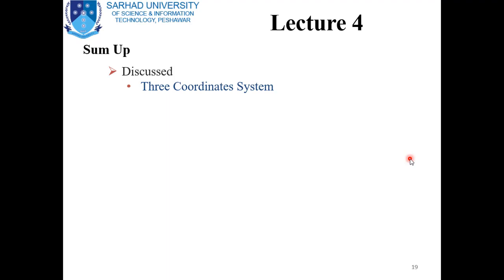The laws of electromagnetism are invariant under these coordinate systems, but if a problem is related to Cartesian symmetry, it is convenient to solve it in Cartesian coordinates rather than in cylindrical or spherical coordinates. We have also discussed the differential length, area and volume elements in these coordinate systems.